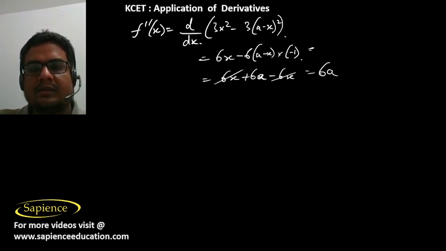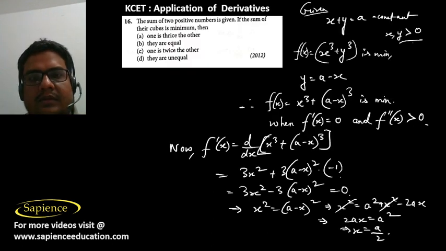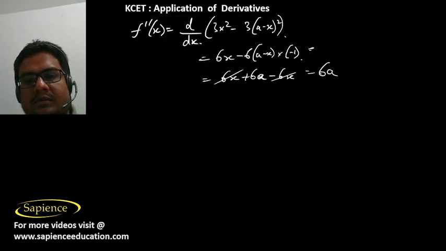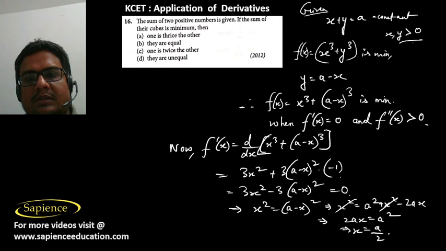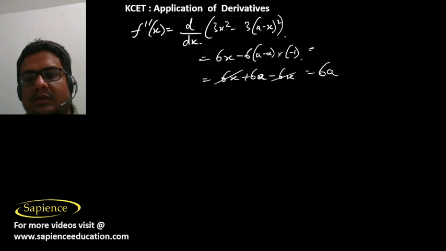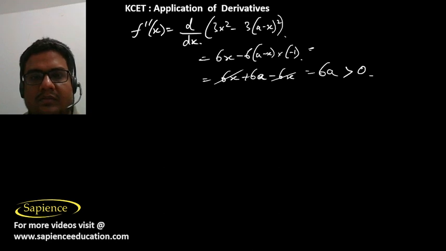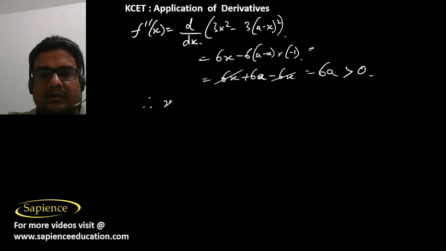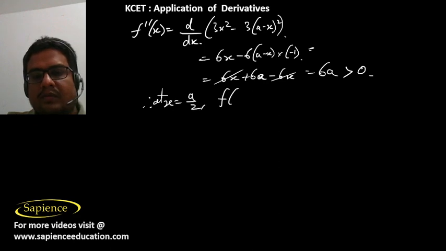This is 6a, so f double dash x is 6a. Both are positive, so therefore 6a is greater than 0. Therefore at x equal to a by 2, f of x is minimum.